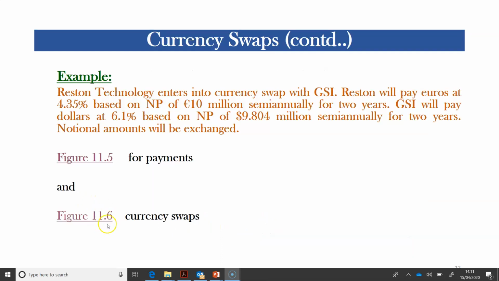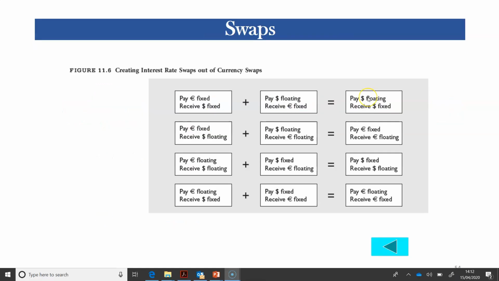Figure 11.6 shows the different combinations of interest rate swaps that can be created with currency swaps. For example, here, the first one is showing that a pay dollar floating and receive dollar fixed is equivalent to two currency swaps, in which the first one is pay euro fixed and receive dollar fixed, and the second one is pay dollar floating and receive euro fixed.